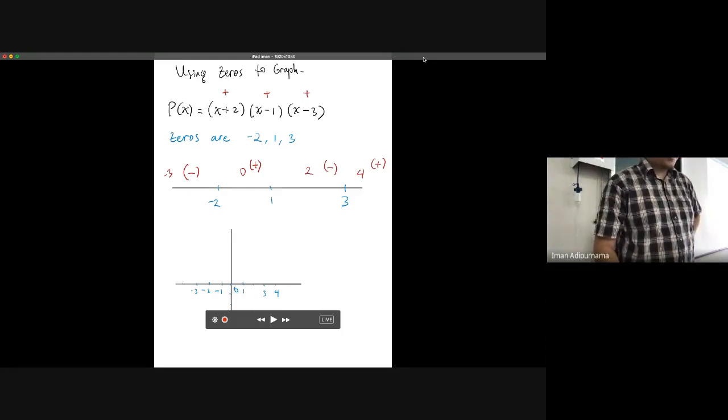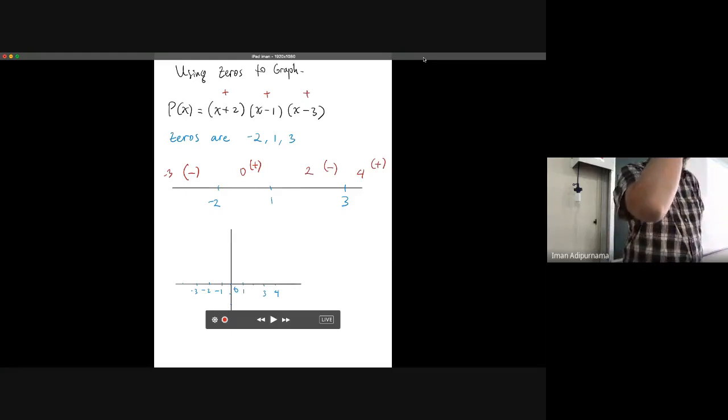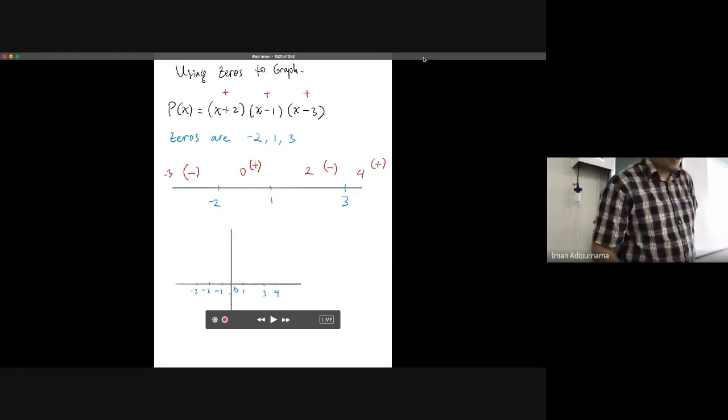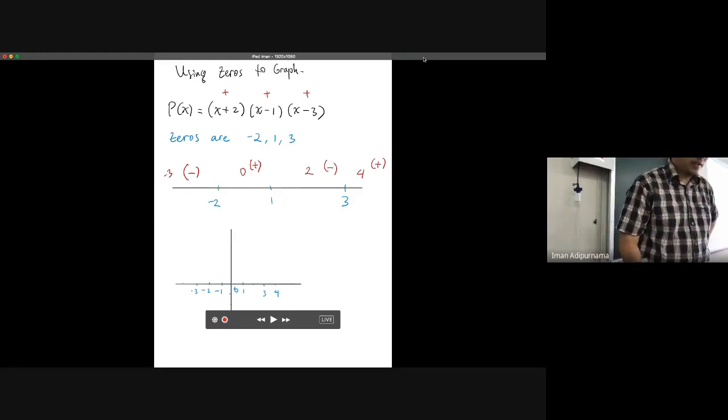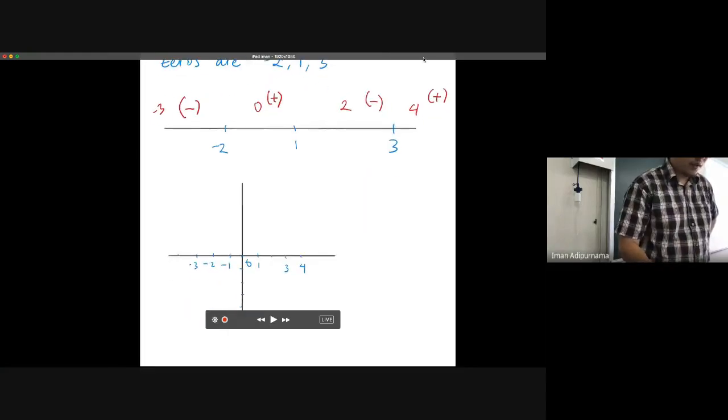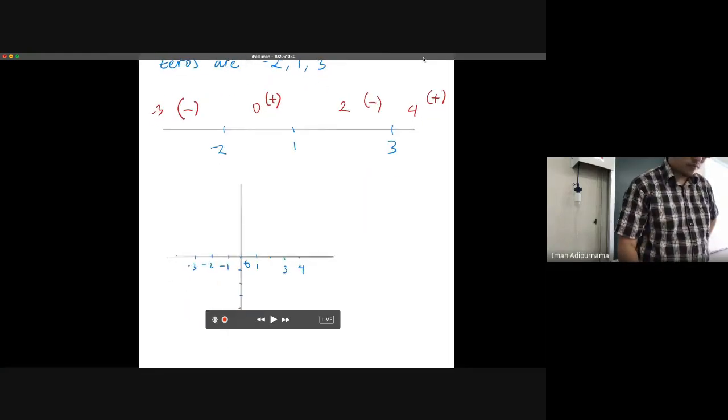Because the function is easy to compute, you can also try to plug in the number and find where it is on the y-axis. So the zeros are -2, 1, and 3.